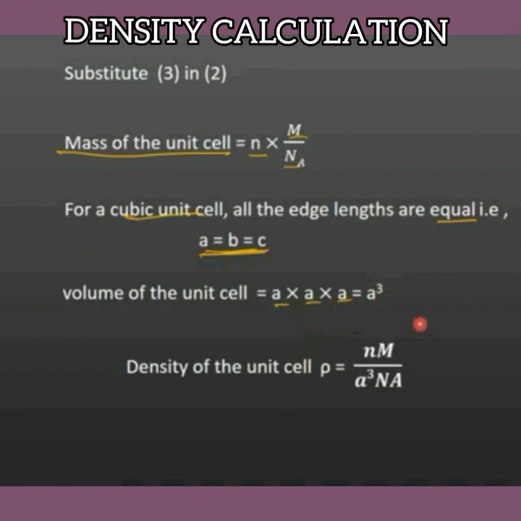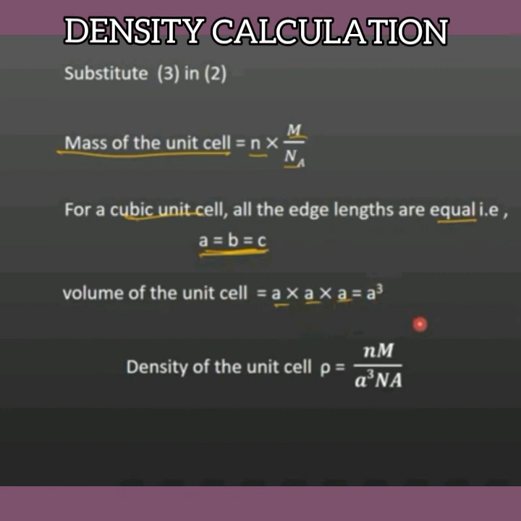So now we are getting the mass of the unit cell. Next, for density we need only volume. It is a cubic unit cell, so for a cube we know all the edge lengths are equal, that is sides a equal to b equal to c. So the volume of the unit cell is equal to a cube. Now divide the mass of the unit cell by volume.